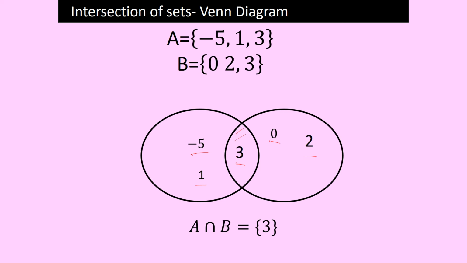This shaded region in the middle contains the elements that are in both set A and B. So it contains the number 3. So therefore, the intersection of set A and set B is 3.